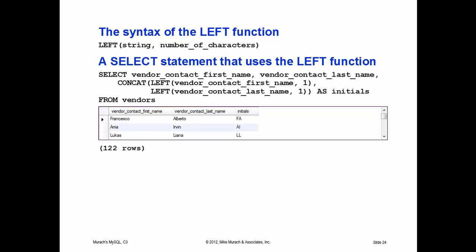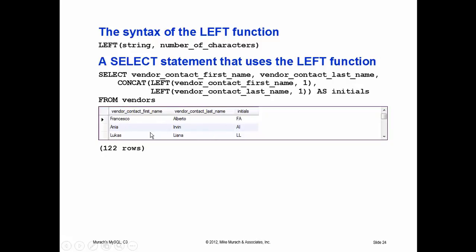Okay? So here's more examples. Here's some string functions. Here's left. Now, do we want to do this? Well, what this is saying is grab the first letter from the vendor contact's first name and last name and create and put them into a new field called initials.